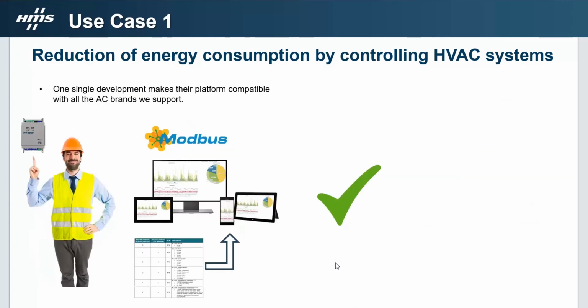In this way, no matter what the AC brand is that these energy efficiency companies have to integrate into their global platform, with a single development, including the common Modbus register map in their system, they will be able to cover all the AC brands that are available in the market and that Intesis is offering in the product range.